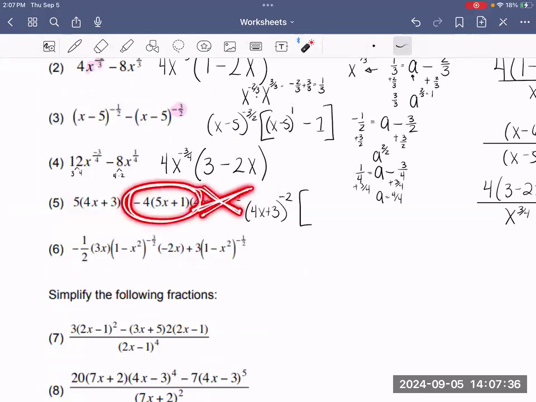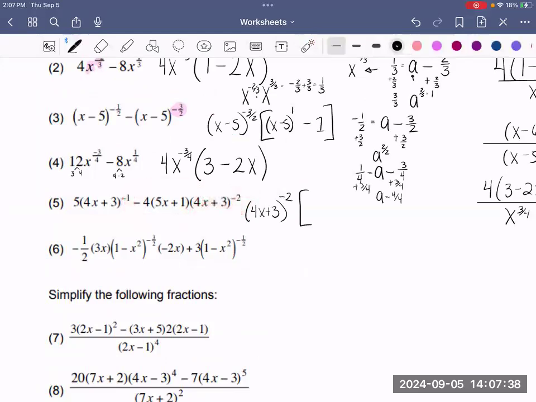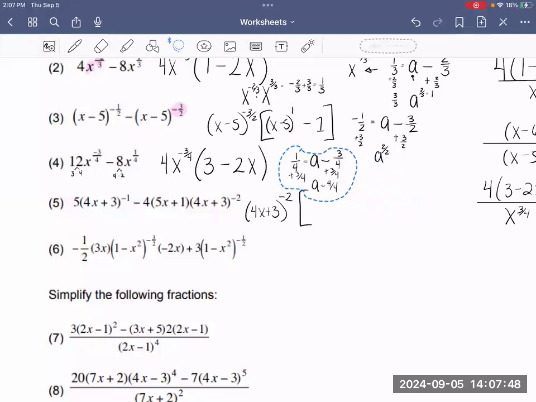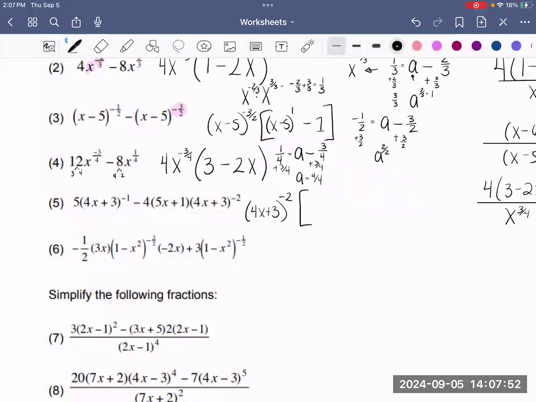But in its place, we still have this minus 4. And I'm just going to move this ever so slightly, and move that one over to make room. Negative 4, 5x plus 1.